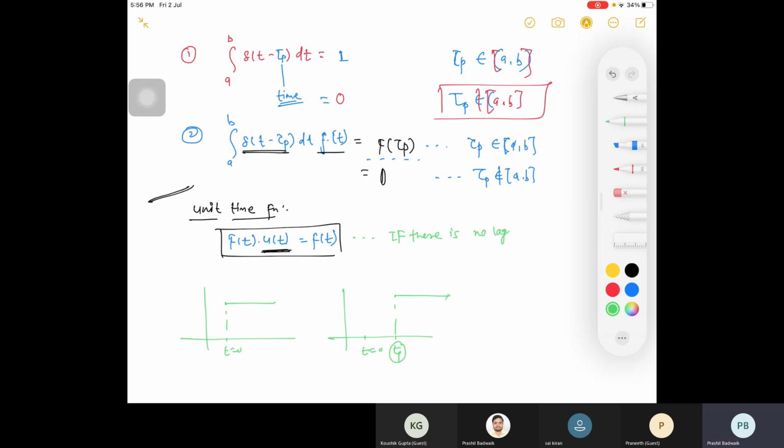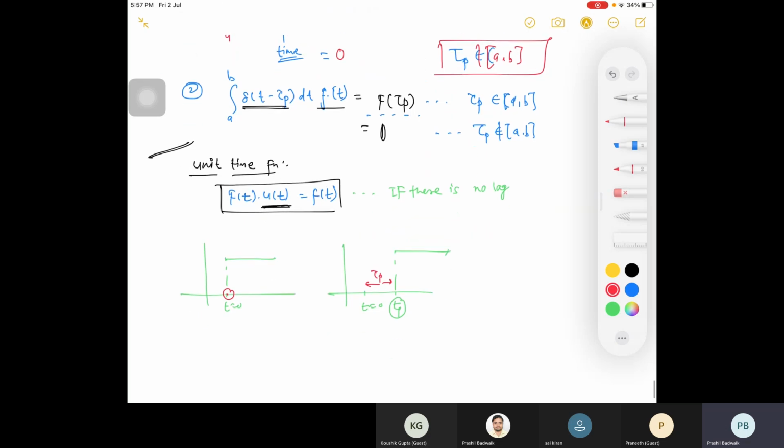Here you can see it is starting from 0, but at exit you are getting a time lag. This tau p time lag you are getting. So if there is lag, then you need to multiply this f of t into u of t minus tau p.